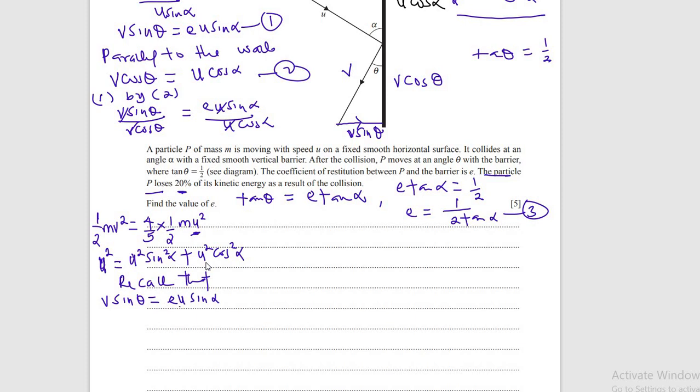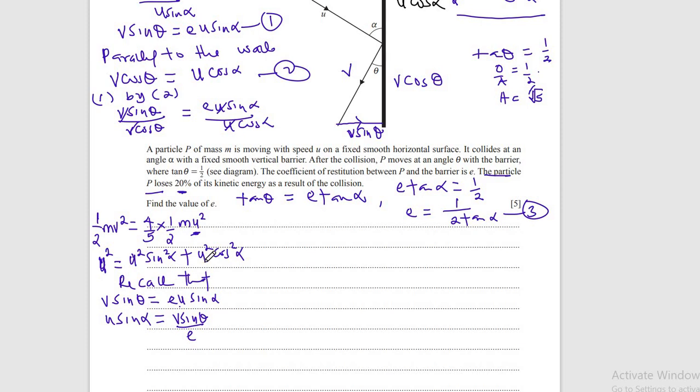So let me find from there, u sine alpha will be equal to v sine theta over e. Now we can find sine theta from tan theta. If tan theta is half, that's opposite over adjacent is 1 over 2. I think the hypotenuse will be root 5. So we can get sine theta. Sine theta is 1 over root 5 in that case.